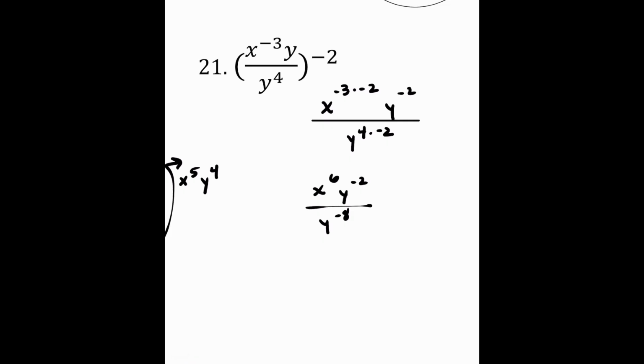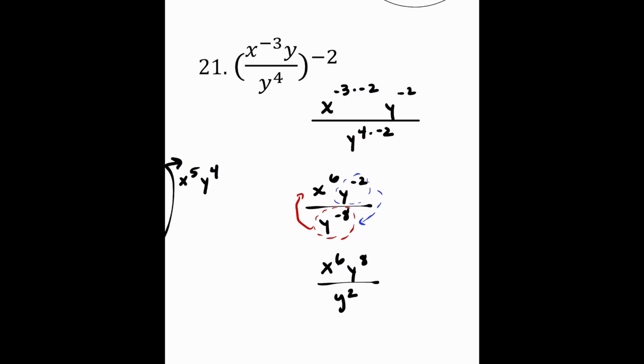What we're going to do is move the negative exponents to the other side. If I'm looking at y raised to the negative second power, we're going to take that and move it to the other side. And this y to the negative 8th power, we're going to move it to the other side. So x to the 6th times y to the 8th over y to the 2nd.